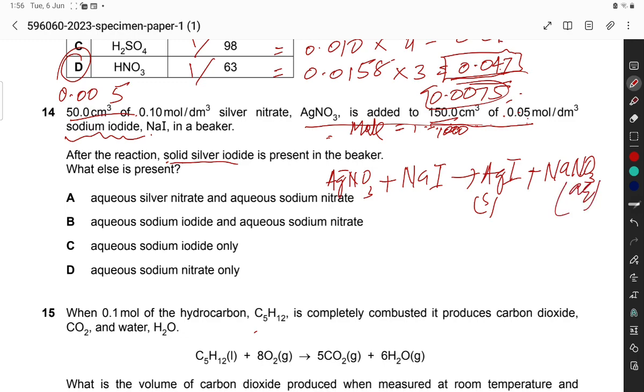After the reaction, solid silver iodide is present in the beaker. What else is present? Because sodium iodide is in excess amount, we have sodium iodide and aqueous sodium nitrate along with silver iodide. So B option is correct.